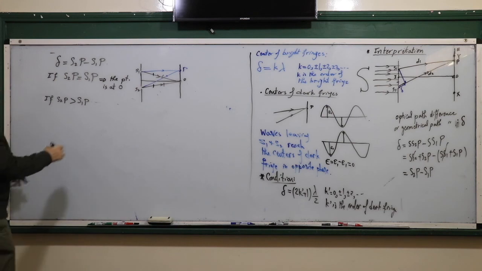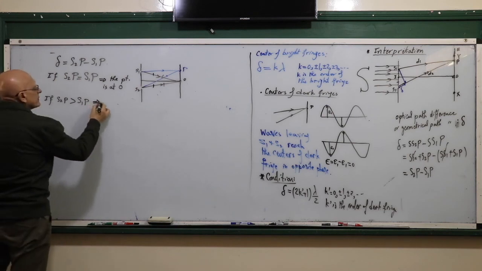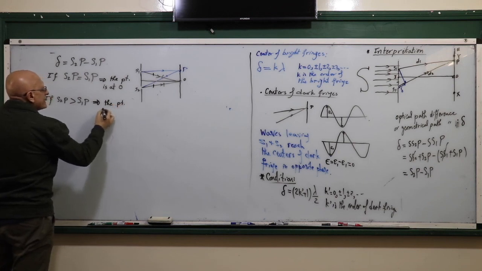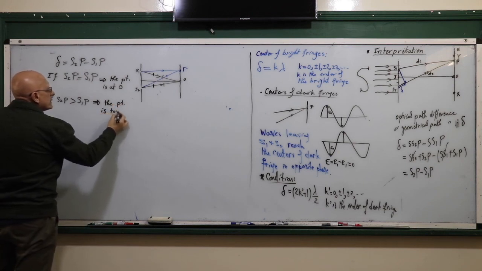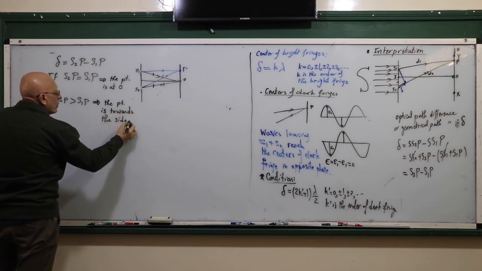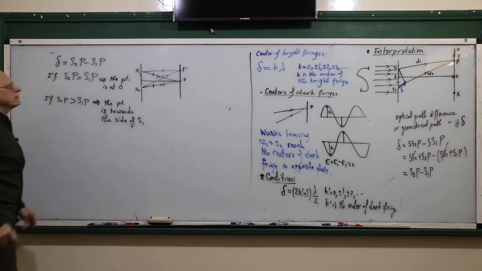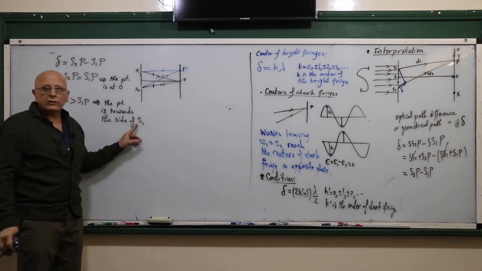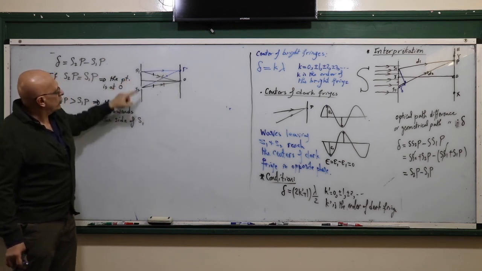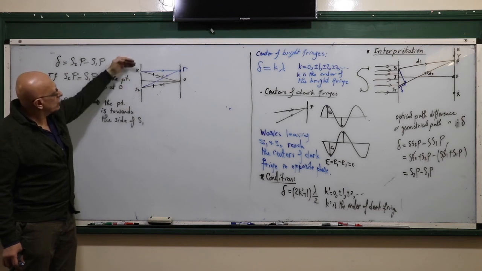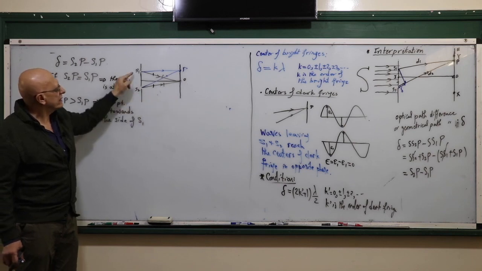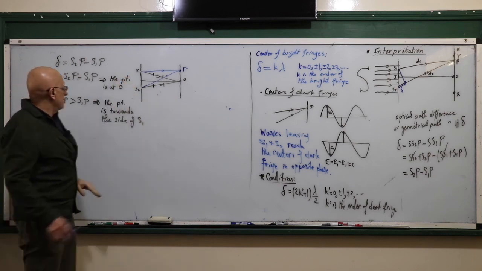So in this case, I write the point is towards the side of S1. Why I am saying toward the side of S1 and not above O? Suppose S1 is below and S2 is above. P will be below. So always P is toward the side of S1.